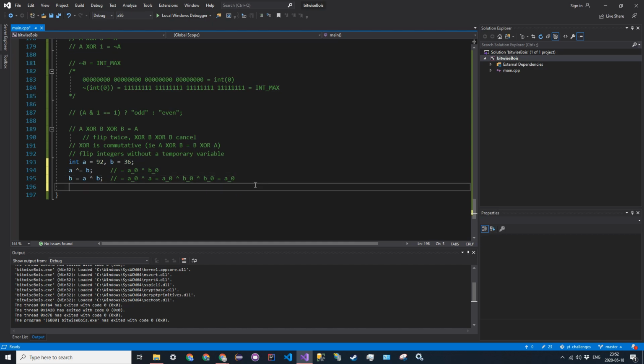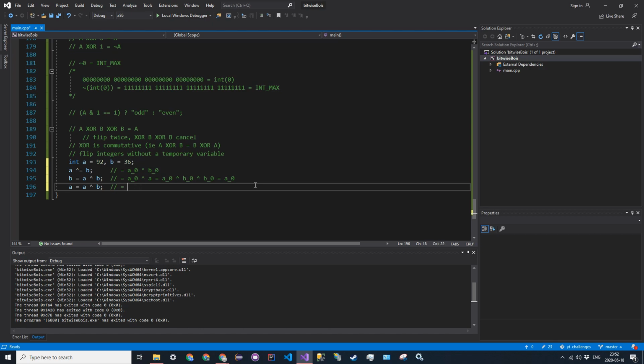Now to go the other way, we're going to say A is equal to A XOR B. Once again, we have actually just performed the same operation 3 times. Now, what does this do? Well, let's look at this. So this is equal to A XOR B. Well, that's what we have there.